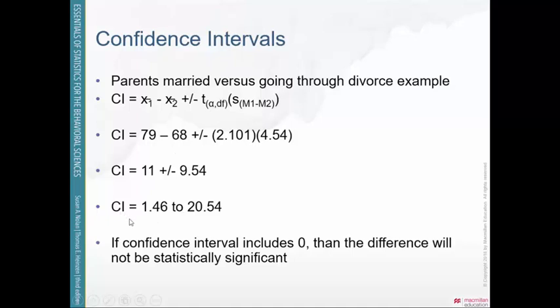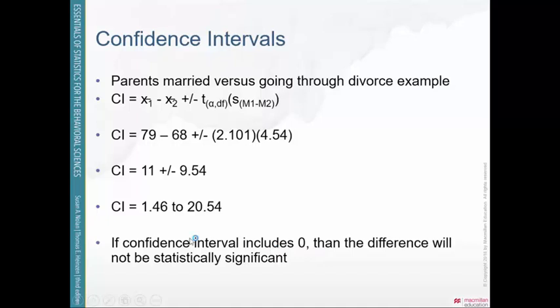So in the population, we're 95% confident that the difference in physical health scores between children whose parents are married versus children whose parents are going through divorce will be somewhere between 1.46 and 20.54 points. This is what we expect to see in terms of the difference in physical health score between the groups in the population.